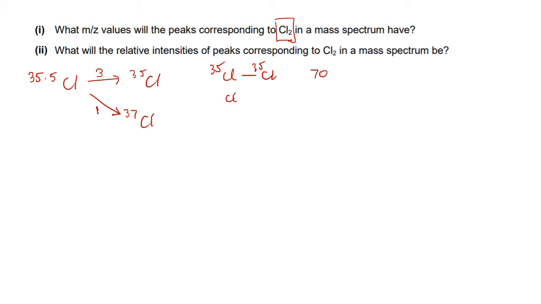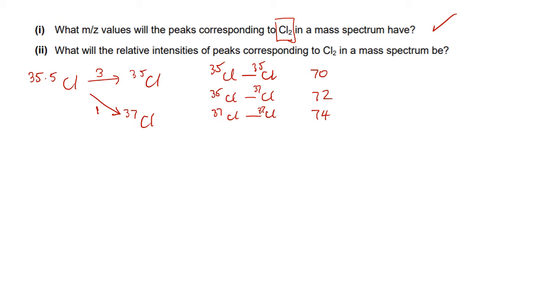An alternative chlorine molecule is a 35 and 37, and that's going to be 72. The third option is 2 37s, in which case that would be 74. So they are the three m/z values that you'll get when you put chlorine in a mass spectrometer, and so that is part 1 done.